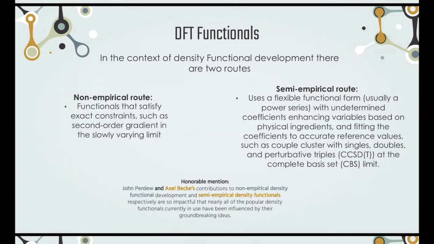Here we can see that it uses reference values, and these are typically gotten from experimental results. So the non-empirical route basically means that no experimental results are used. The only things that are input into the system are quantum mechanics laws, right?